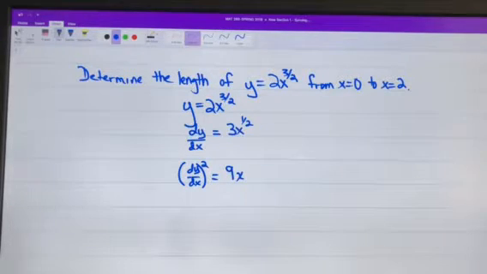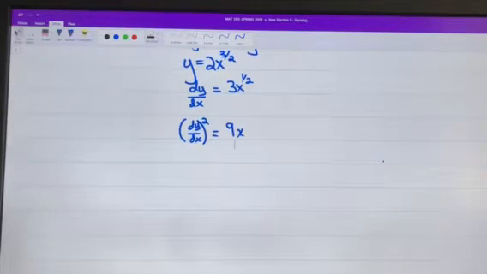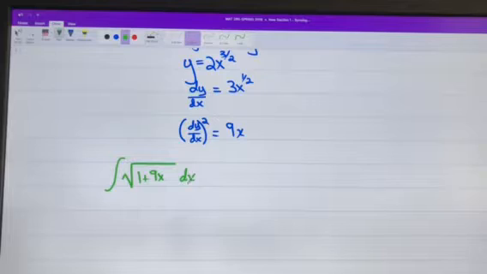And upon taking the square of the derivative, 3 squared is going to be 9, and x to the 1 half squared is just going to be x. Now, for the general setup we're going to apply numerical integration.